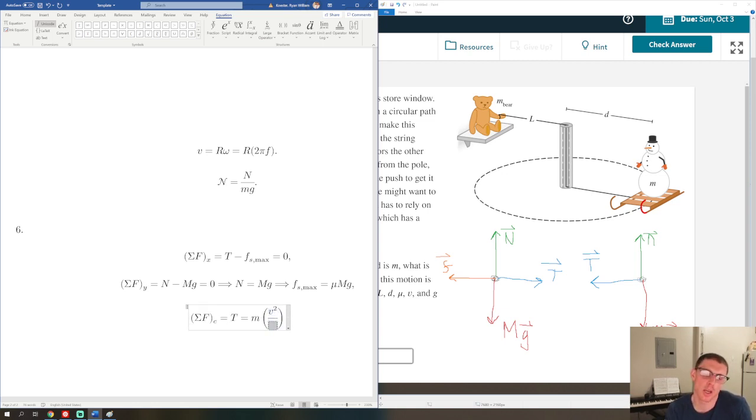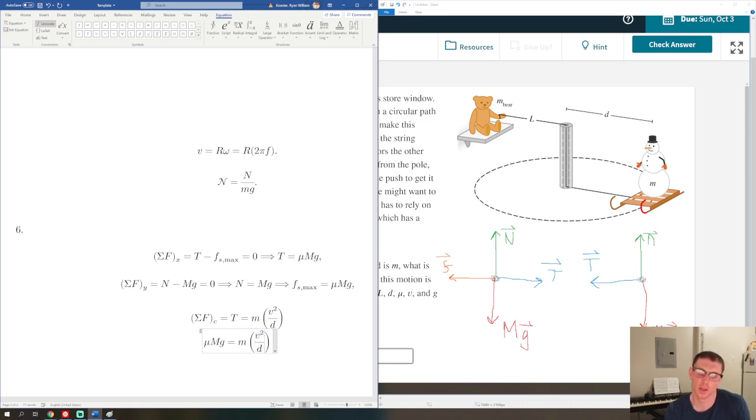Now, we want to write d here because that's what the radius is in this particular case, but exactly, it should be v squared over the radius. Cool. So this equation tells us that the tension, right, equals the maximum static friction force, which is mu big Mg. And this equation then, if we just substitute in for the tension force, we have mu big Mg equals m v squared over d.